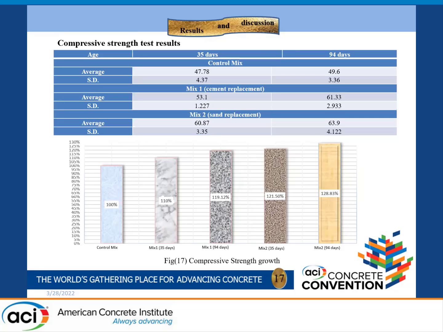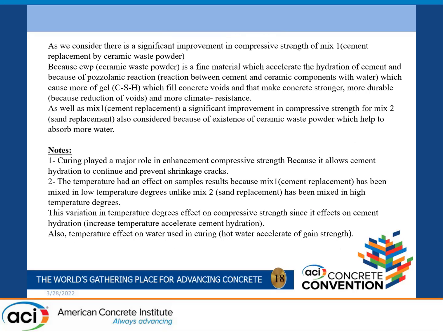The mix one, which is cement replacement, gives us higher compressive strength for both ages because of the pozzolanic reaction, which is a reaction between cement and ceramic components with water, and that causes more gel, which fills concrete voids, and that makes concrete stronger, more durable, and more climate resistant.